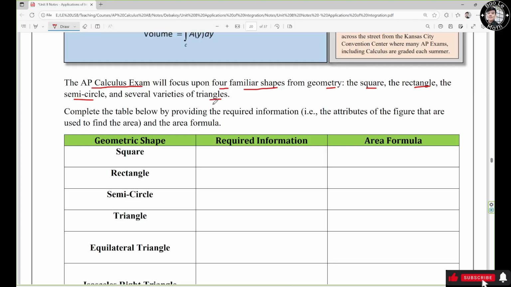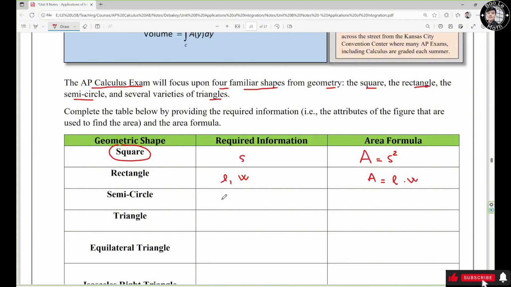Right? Now, if you have the square, in order to calculate the area of the square, you need a side length, right? So the area is side squared. For the rectangle, you need the length and the width, and the area is length times width.